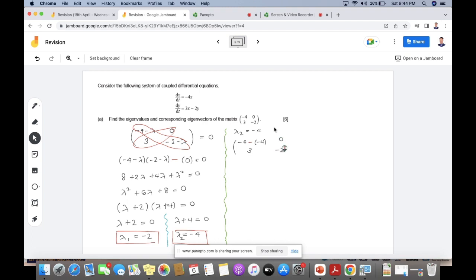Then we have minus negative 4. All right. So simplifying this, we will get 0, 3, 0, and this becomes 2 actually.